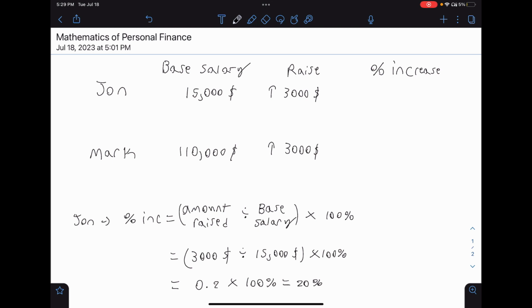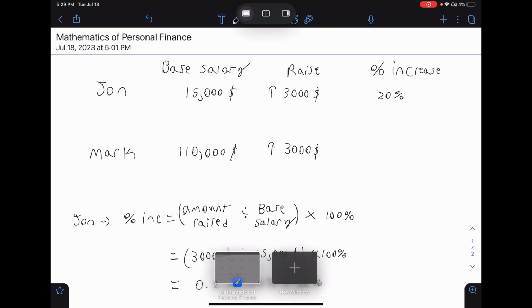Given that John was raised $3,000 from a base salary of $15,000, he has a 20% increase from his base salary. That's really good. Even though he was given only $3,000, he's only making $15,000, so that $3,000 is very significant for his salary. It's a 20% increase. That's massive.